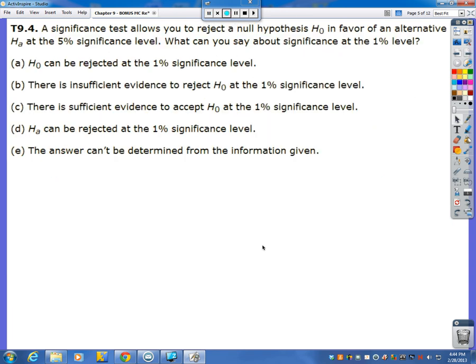Number 4, a significance test allows you to reject a null hypothesis H naught in favor of an alternative HA at the 5% significance level. What can you say at the 1% level? So let's see. We were allowed to reject the null hypothesis at the 5% level.